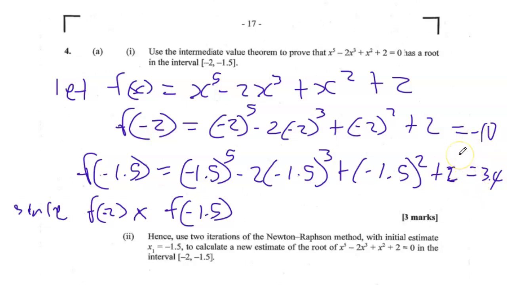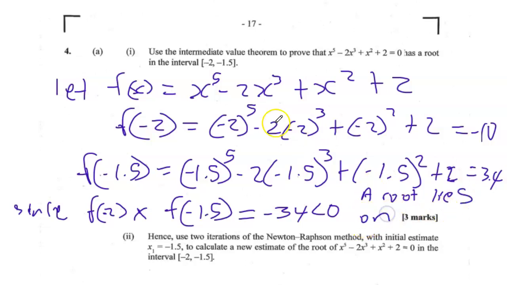You multiply them, you'll actually get -34, which is less than 0. Alright, so since the product is less than 0, therefore, by the intermediate value theorem, a root lies on the interval -2, -1.5.